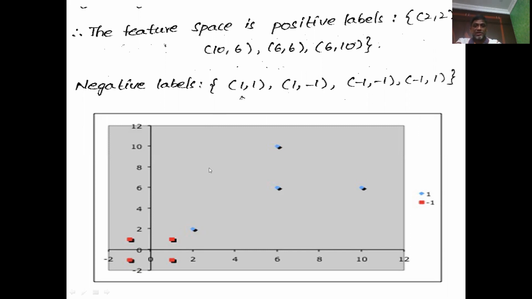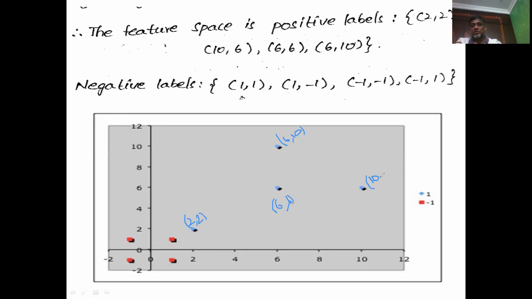So if you represent this, this is 2 comma 2, and this is going to be 6 comma 6. This is going to be 6 comma 10. And this is 10 comma 6.